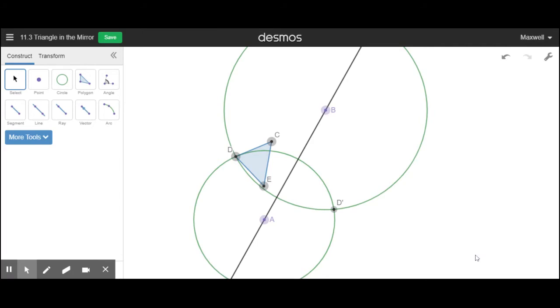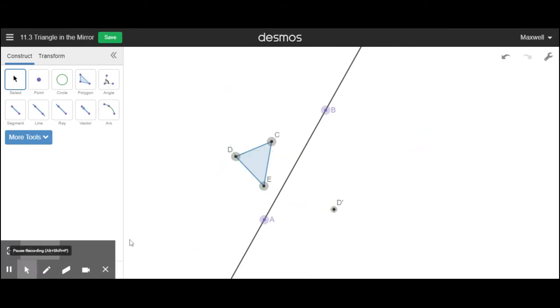And that is a great way of finding these reflection points if you don't have the geometry software to make that happen. So let's try that same thing and reflect point E using this software, using a construction.